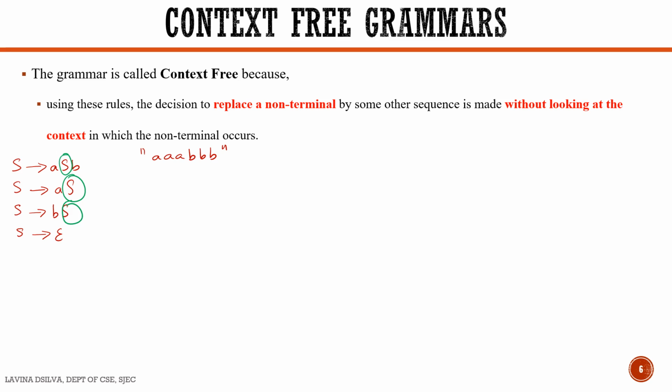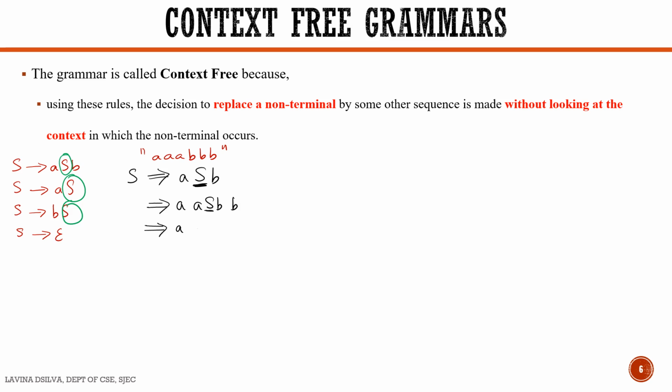So let me take the first way of deriving the string. I will take the start symbol S and I'll take the first production rule, ASB. We know that we have to replace this S. So I will replace this S with the rule number 1 itself: ASB. Again, we know that S is the non-terminal which has to be replaced.